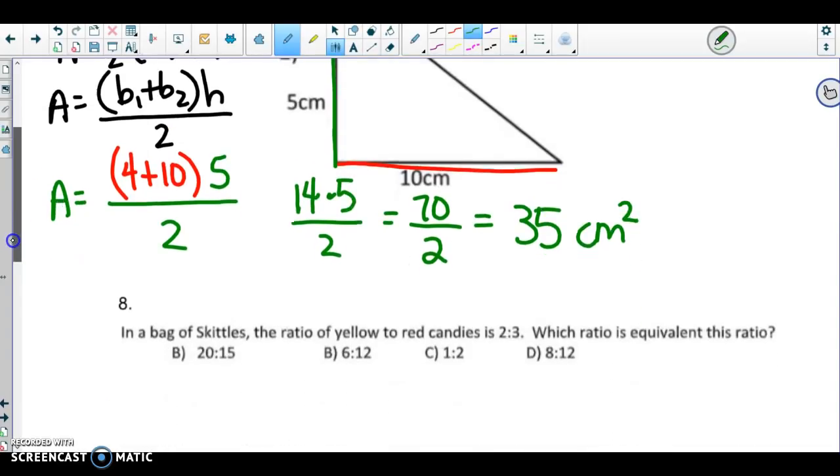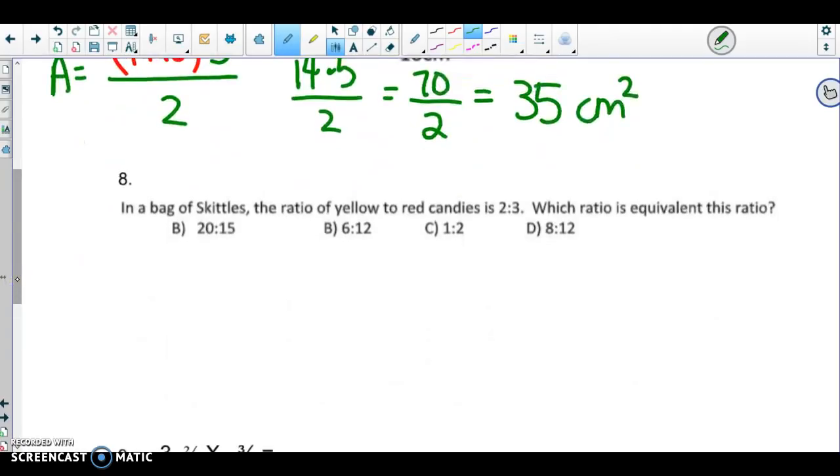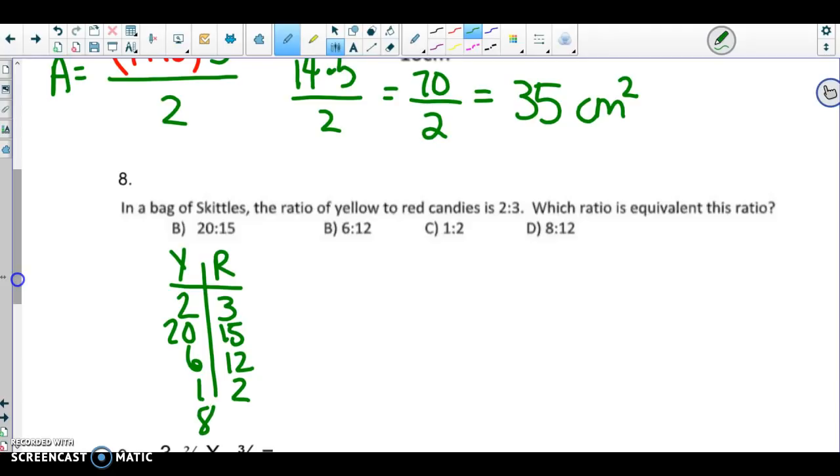All right, number 8. In a bag of Skittles, the ratio of yellow to red candies is 2 to 3. Which ratio is equivalent to this ratio? So I might set up a table of yellow to red is 2 to 3. That's what they gave us. And then I might check the 20 and 15, 6 and 12, 1 and 2, and 8 and 12, and see if I can get there.